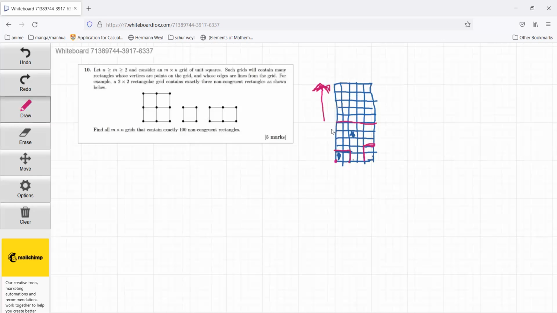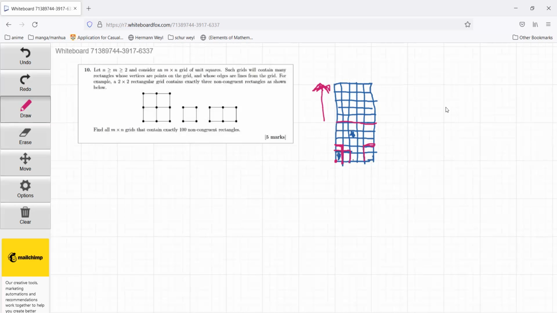So within this part, I can have rectangles that have multiple orientations. I can have a 2 by 1 here, or a 1 by 2 like this, right? So in order to count the non-congruent rectangles, I have to account for this.